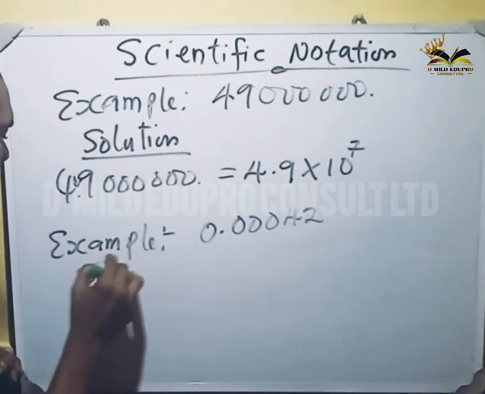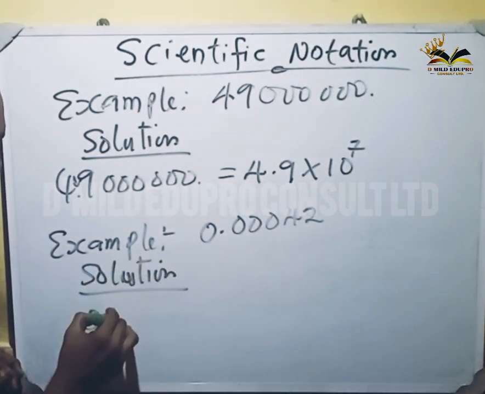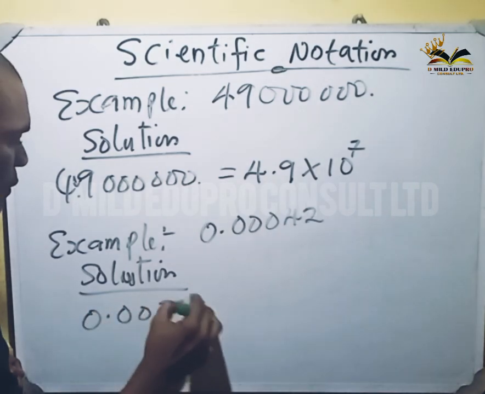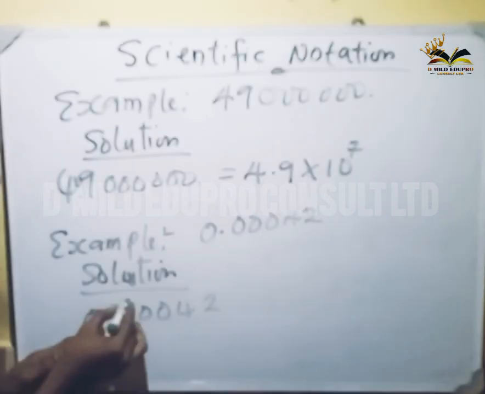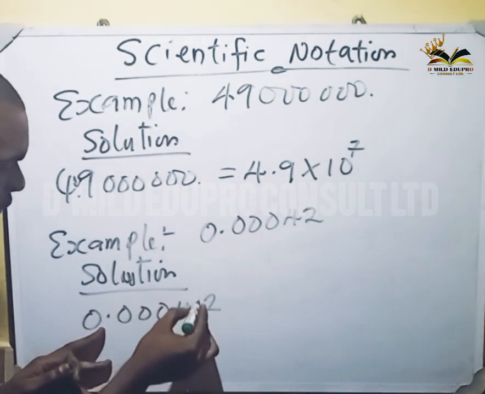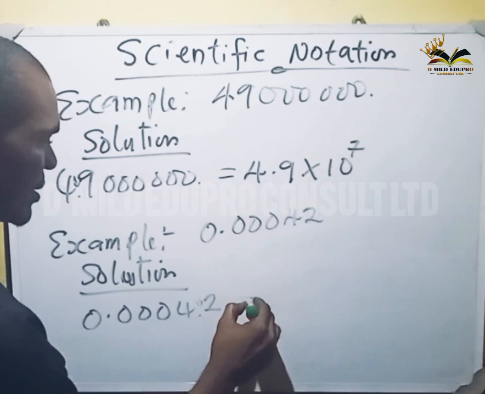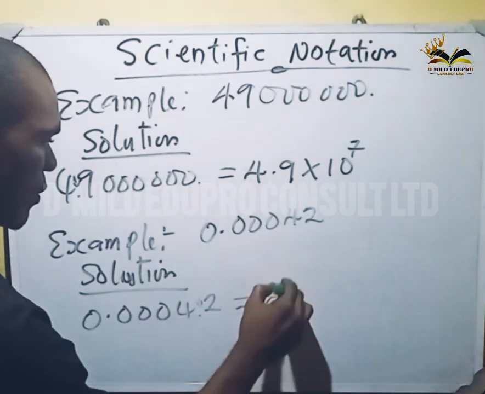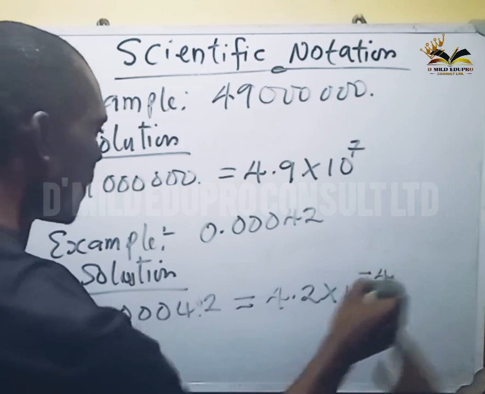Okay, so if you have that, we are going to have something like 0.00042. Now this decimal point will move 1, 2, 3, 4 places to this side, right? So the resultant solution to this is 4.2 times 10 raised to the power minus 4.